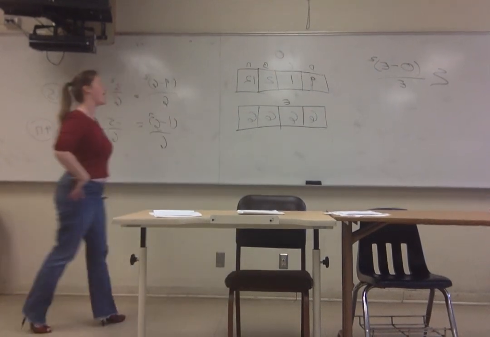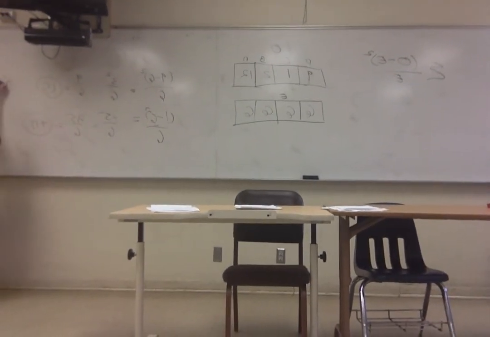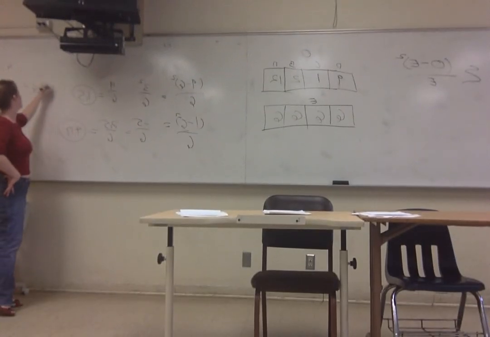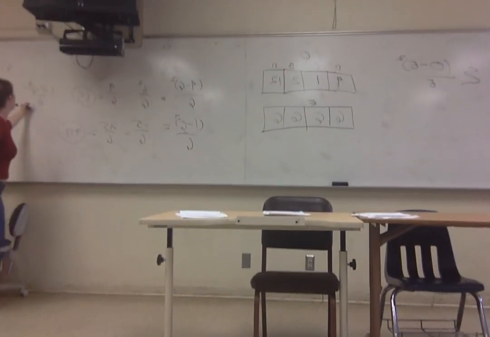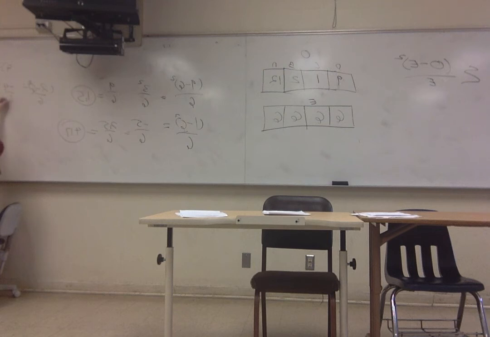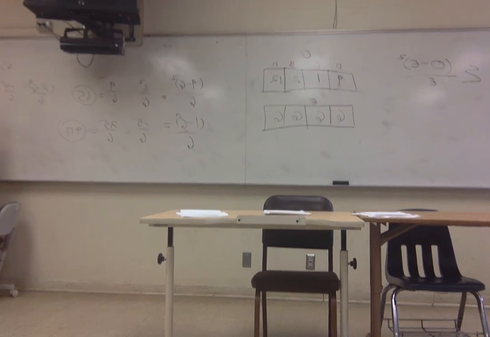So I have to do it for the next category. 2 minus 6 squared over 6. I end up with negative 4 over 6. Squared is 16 over 6, which is 2.67.